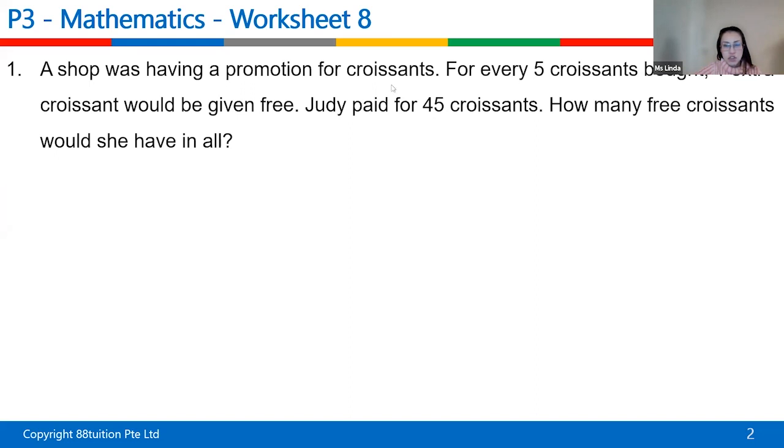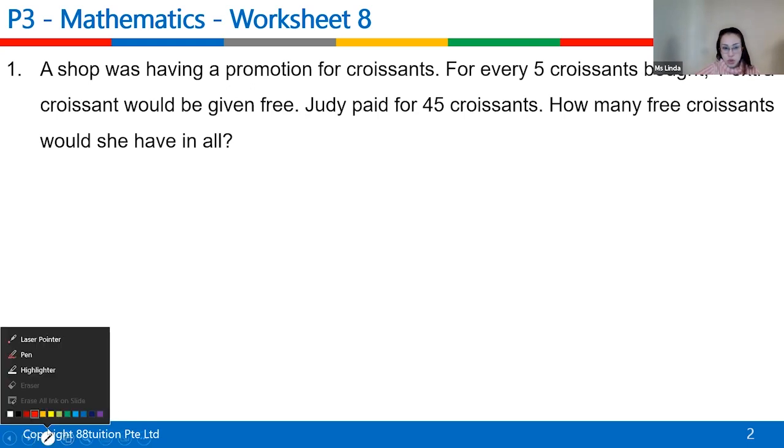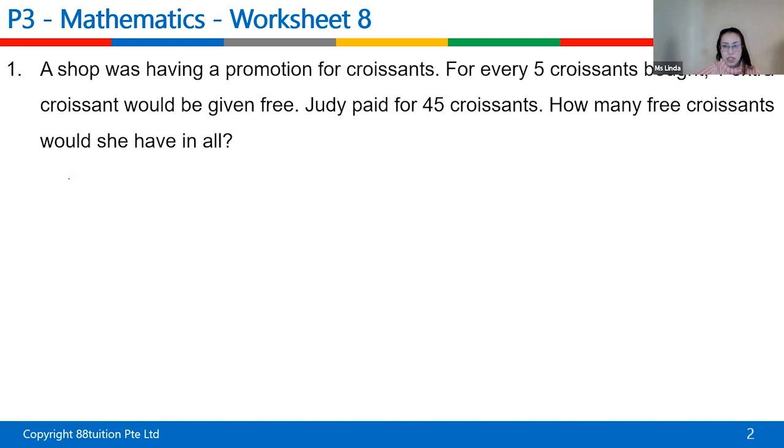Let's try this one. Use your magic digital pen. Every 5 croissants bought, 1 extra will be given free. So it'll be best if you draw out the diagrams. I don't mean really draw a croissant, you can draw in groups and you will see it better.